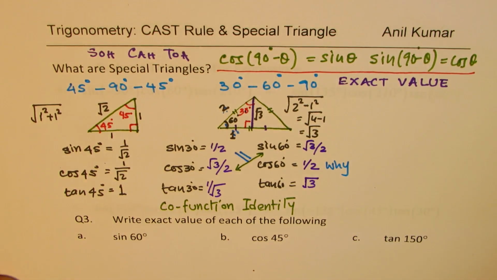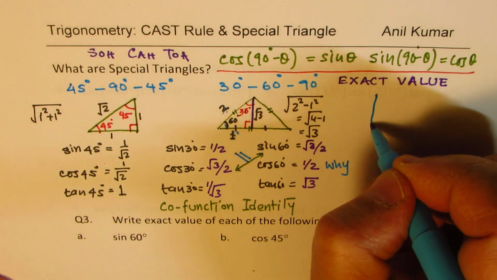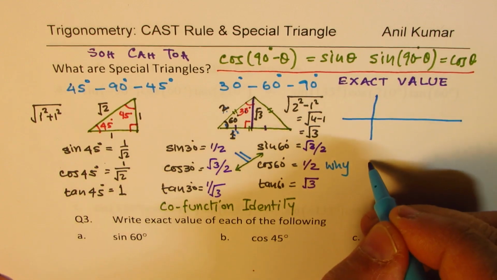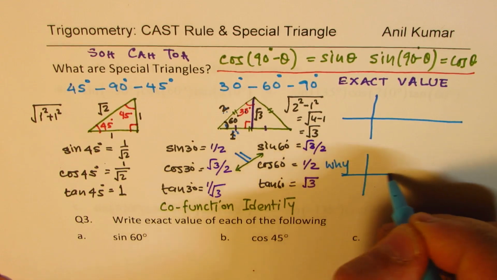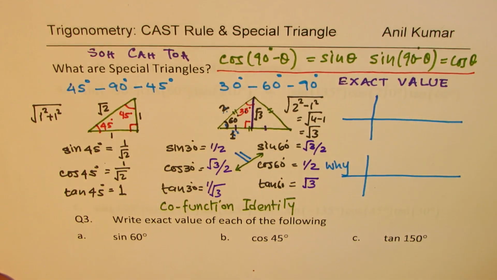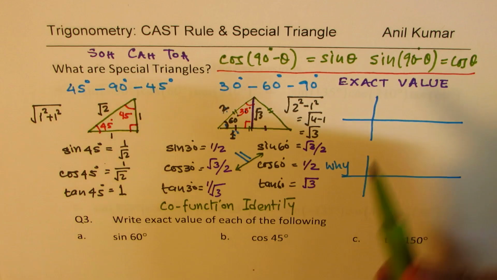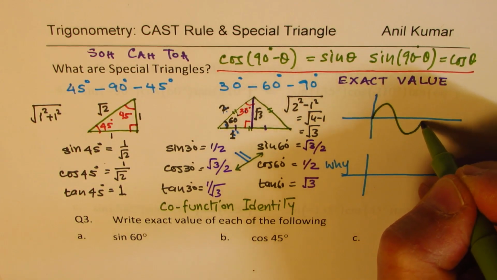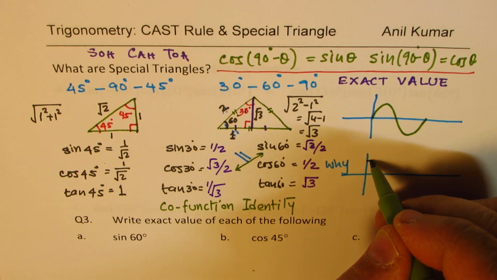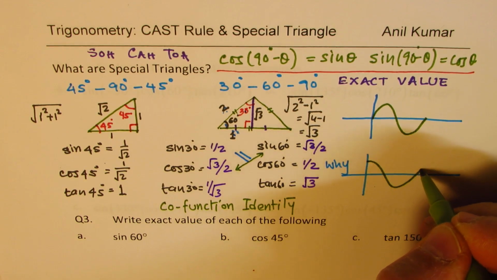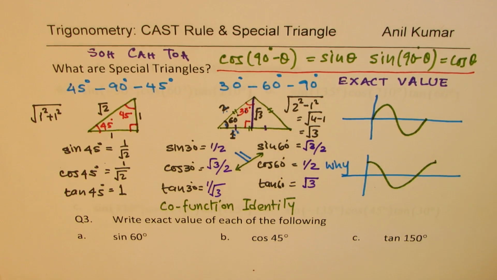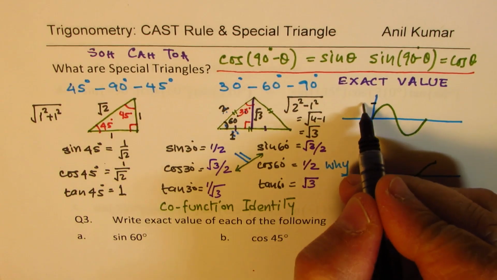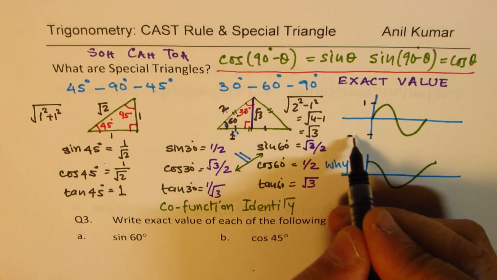Perfect. Now there are critical values which we have really missed, and I'm going to use the graph of sine and cosine to show you those critical values. The critical values are, when are these functions 0 or 1, right? So that is critical. Sine graph is kind of like this. And the cosine graph is kind of like this, where the maximum value could be 1, the minimum value could be -1.